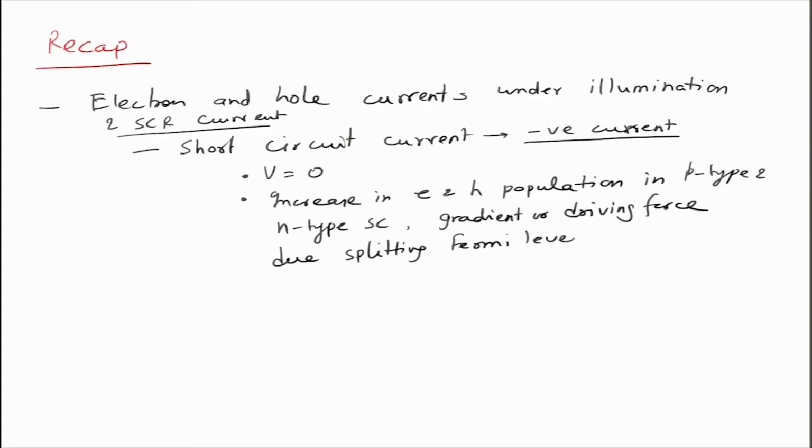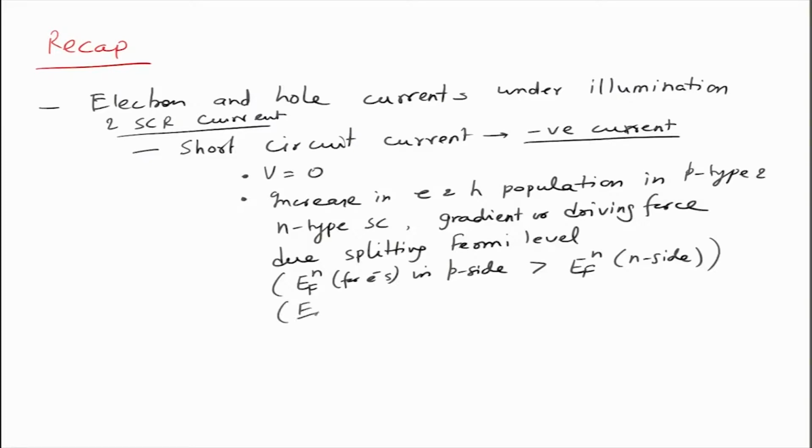The electron Fermi level rises above the electron Fermi level in the n side. So basically EFN for electrons in p side is greater than EFN in n side.